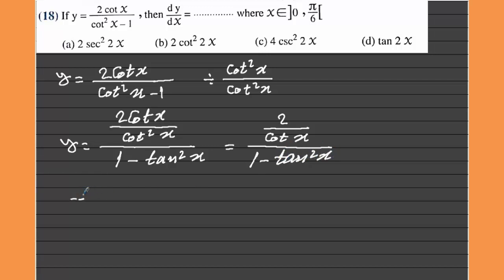So y equals 2 divided by cotan x, which is 2 tan x, over 1 minus tan square x.